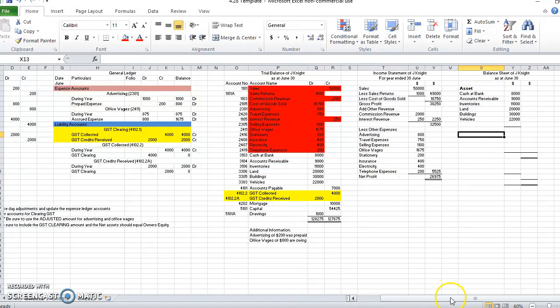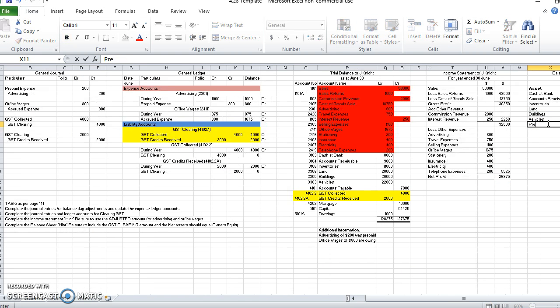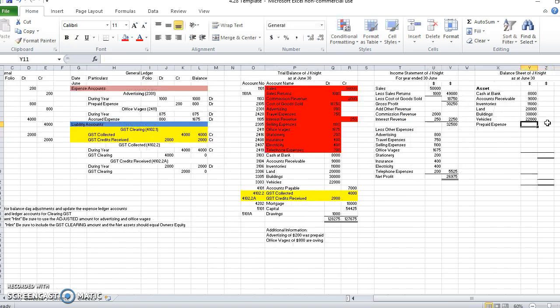But also we can't forget, we made a balance day adjustment for advertising. It was a prepaid expense of 200, which we know is an asset account. So we need to include prepaid expense of 200. And then we can sum this amount to give us our total assets.